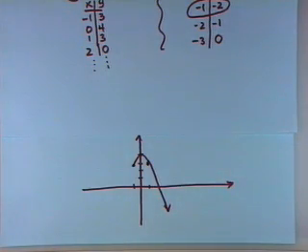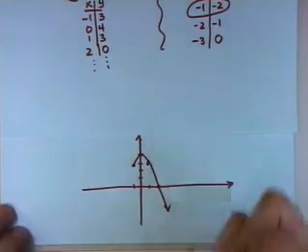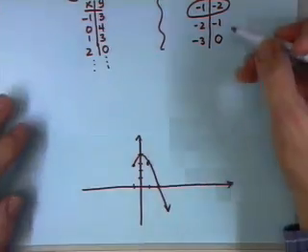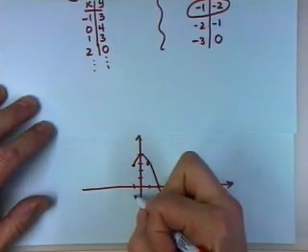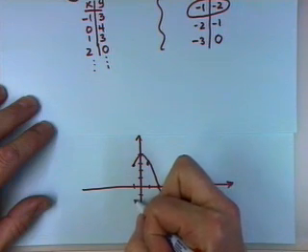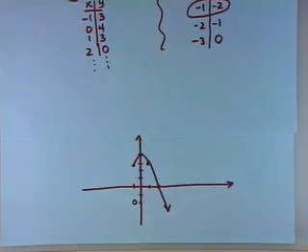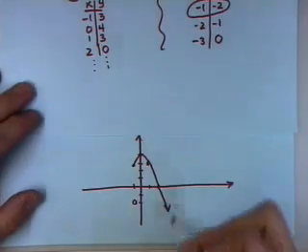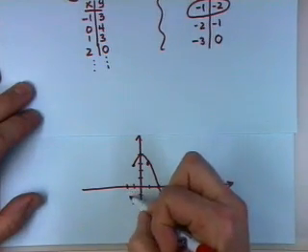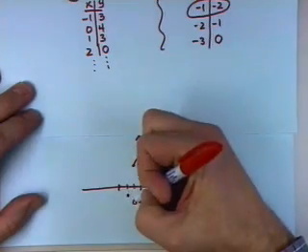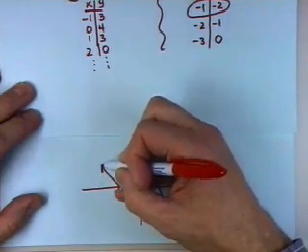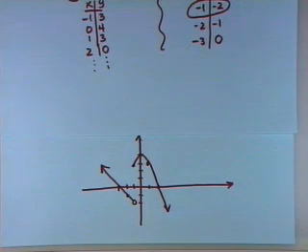I can put in any other value I want to. 2 is 0. Over here on the left of -1, -1, -2 doesn't quite make it to this set. That's my open circle. -2, -1 makes it to the set. -3, 0 makes it to the set. And it's linear. Everybody comfortable with those two pieces of this function?